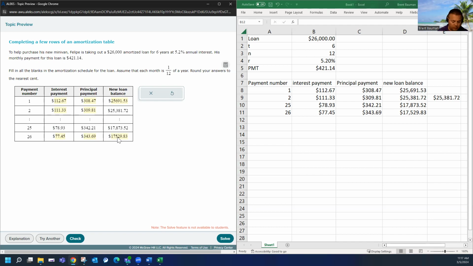Okay. And we can go ahead and put commas in here since they have commas. It's a good thing to follow the formatting that Alex is using.